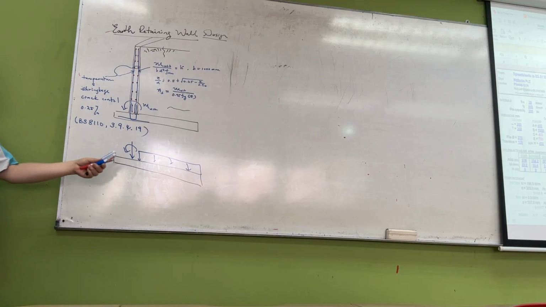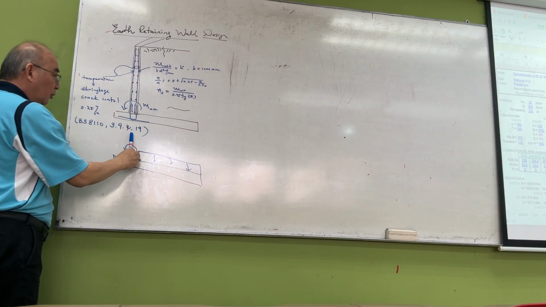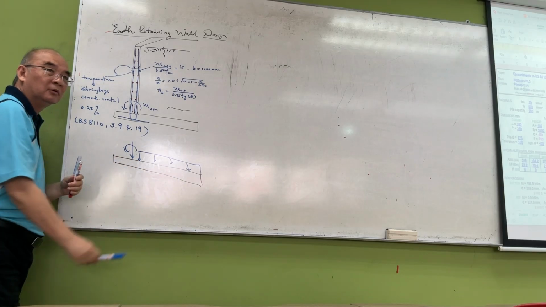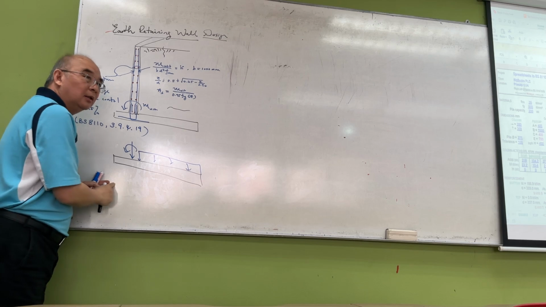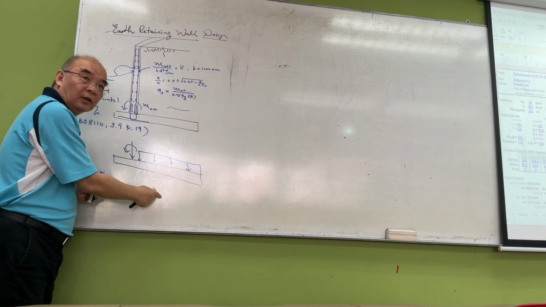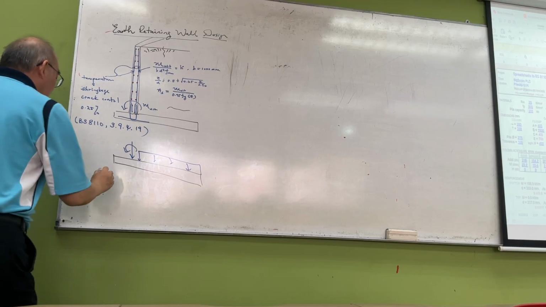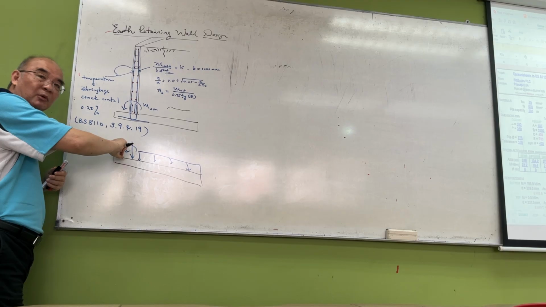So it's much more complicated, because this is offset, not in the middle, and this is partial. Now, with this moment and so forth, you have to calculate what the bearing pressure is on here. And most likely there will be more compression here than here, because I have a bending moment like this.